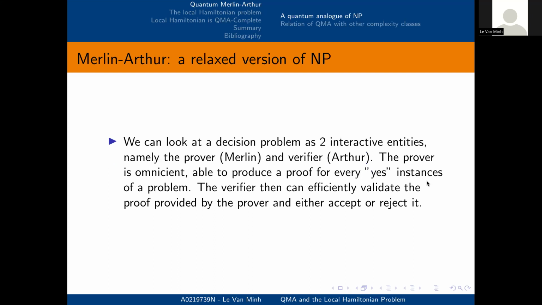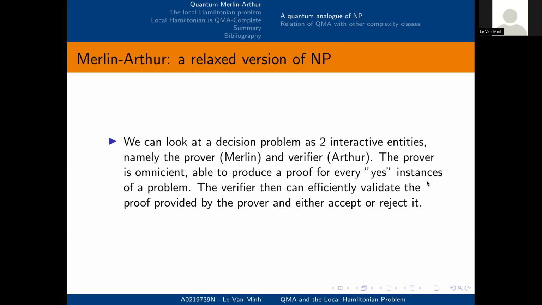So what is Merlin-Arthur? Merlin-Arthur is basically a relaxed version of NP where we allow some probability of error on the verifier side. We can look at the decision problem as two interacting entities: a prover, Merlin, and a verifier, Arthur.